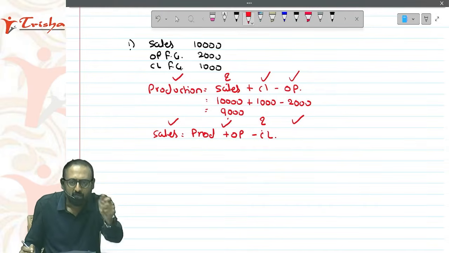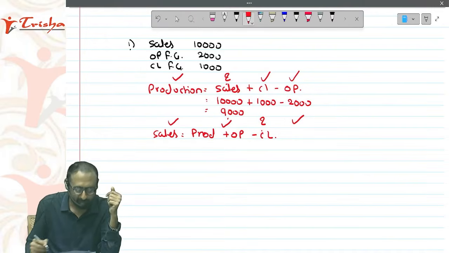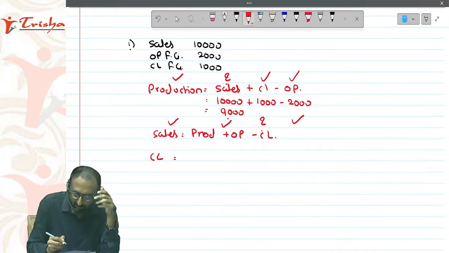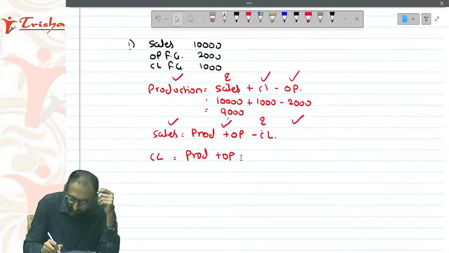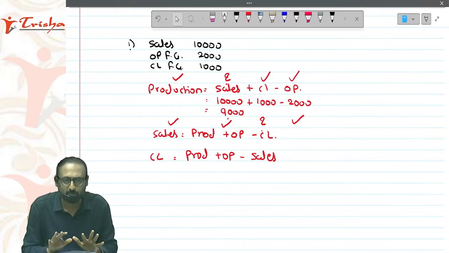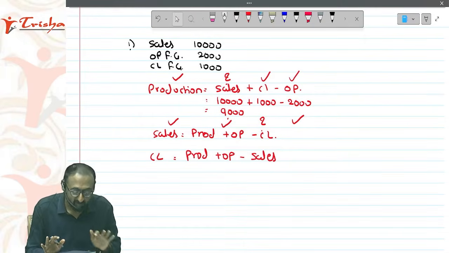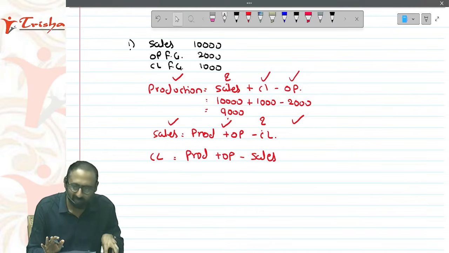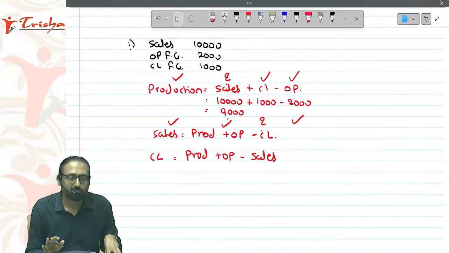How to calculate closing stock quantity? Production quantity, add opening stock, minus sales is equal to closing stock quantity. Everyone got this permutation combination? Remember, this is a must. In every question where output, opening stock or sales quantity is given, you'll have to remember this adjustment.